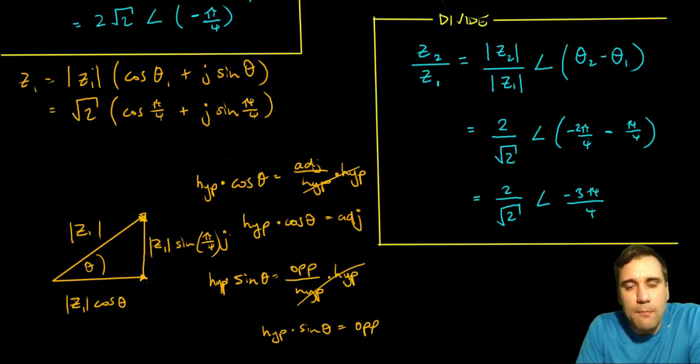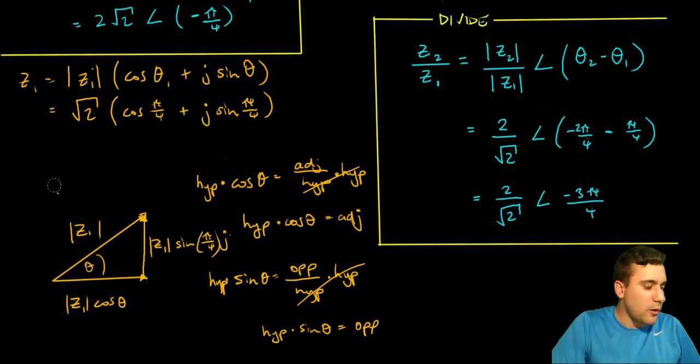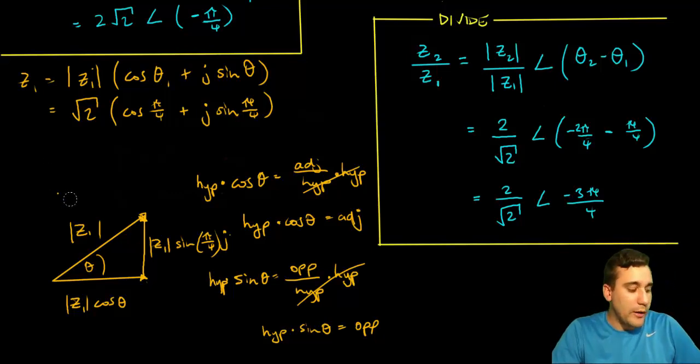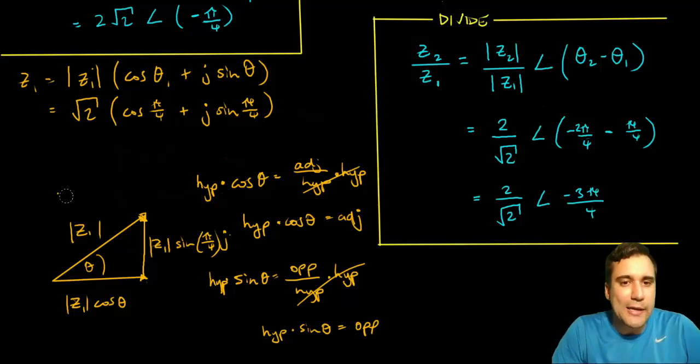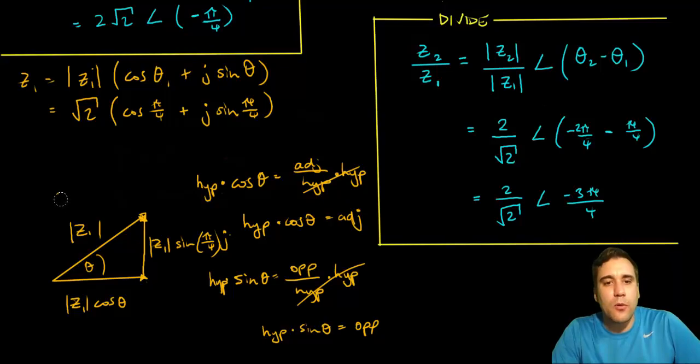So this can be pretty handy. Anyway, I just thought I'd mention that with you before we move on. In the next video, we will talk about Euler's formula, and we're going to introduce an E term to all of this. Thanks for watching.